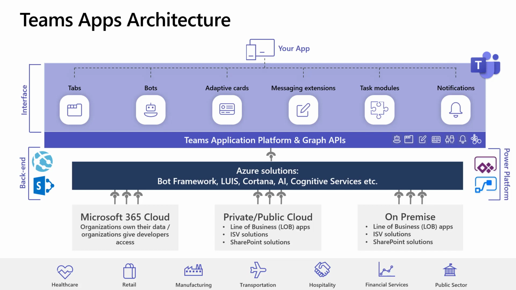If we build a web app or tab, we can host the app on Azure App Service or anywhere on-premise. We can build our app using low-code, no-code tools such as Power Platform tools. In the end, the user will interact with our app through Microsoft Teams as a bot, tab, or anything we created.